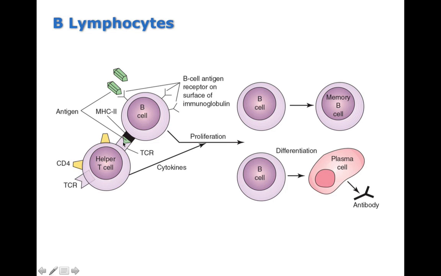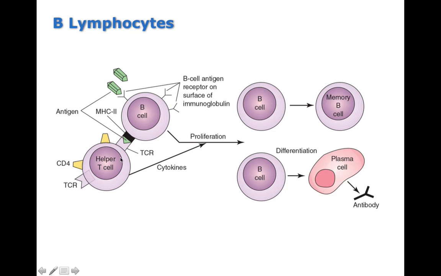As long as the T helper cell has the corresponding receptor for that antigen, that T helper cell can release cytokines. And those cytokines, while the B cell is attached to the T helper cell, can stimulate that B cell to differentiate and proliferate into more plasma cells. We talk about these as being clones of the B cell. So you can proliferate lots of clones, and then those can turn into plasma cells, which can release antibodies.